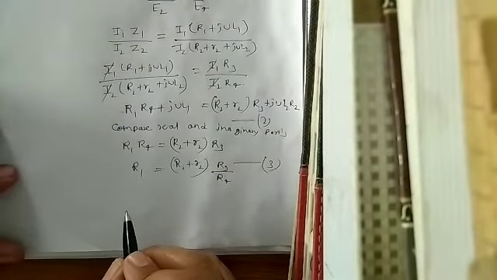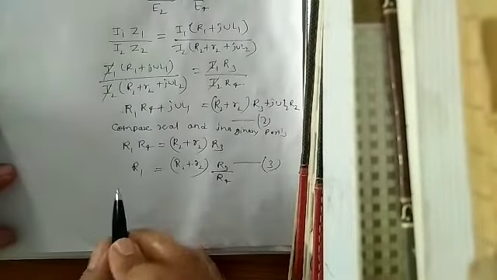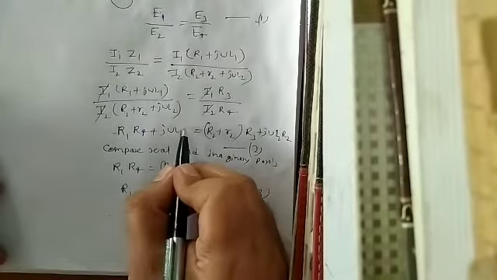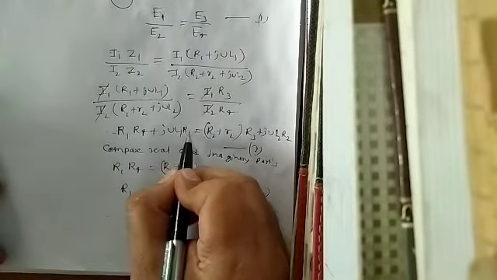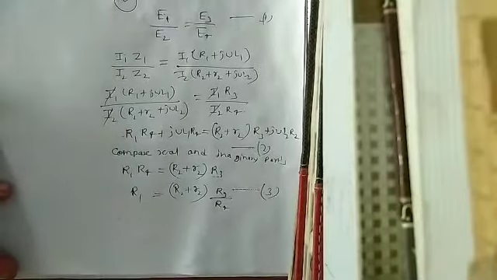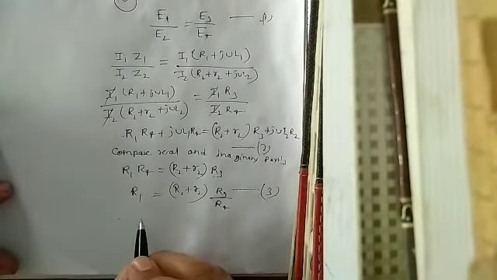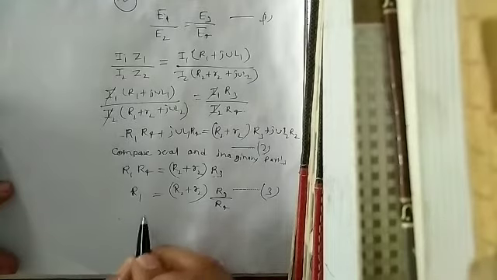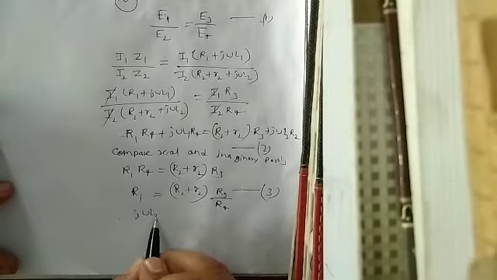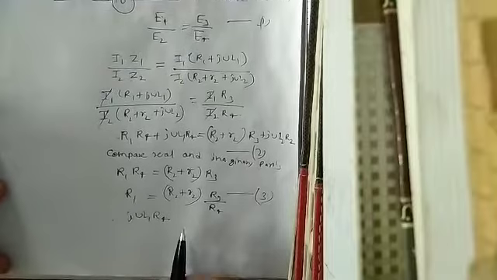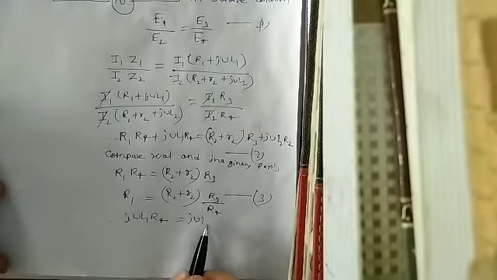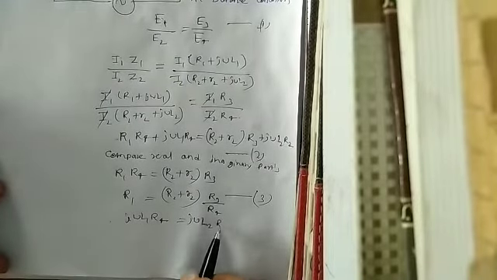Now we can compare the imaginary part. On comparing the imaginary part, we get j omega L1 into R4 is equal to j omega L2 into R3.